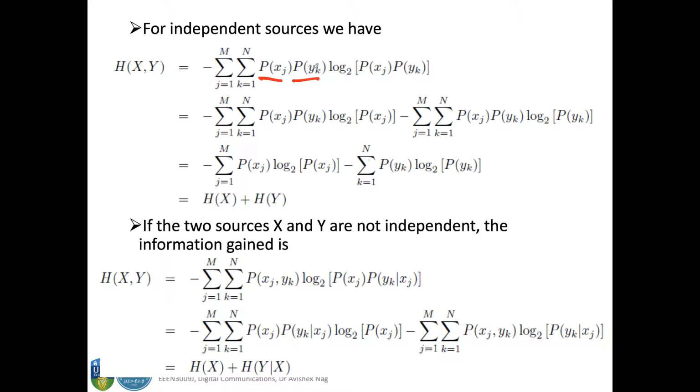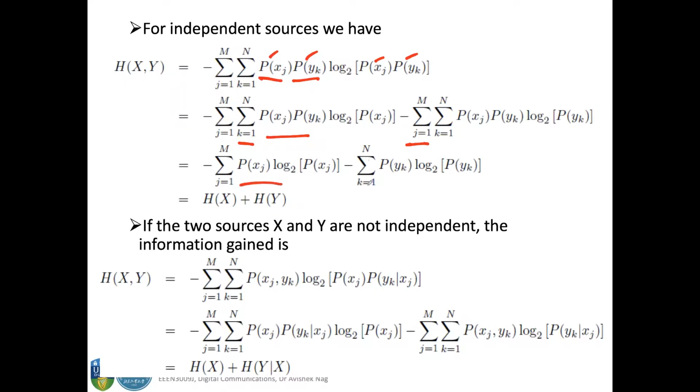So the independence property tells you that the joint probability is the multiplication of the individual probabilities. So you can break the joint probability into individual multiplications, and then you can rewrite these terms where you can sum the first term over all k, and you can sum the next term over all j.